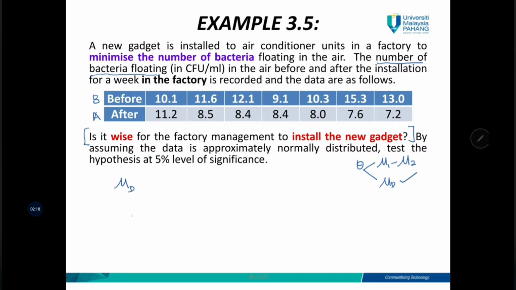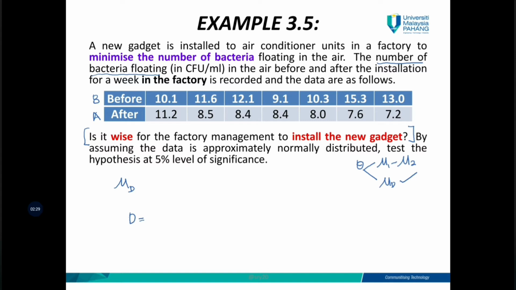So for d here, this equals the difference between data before and data after.